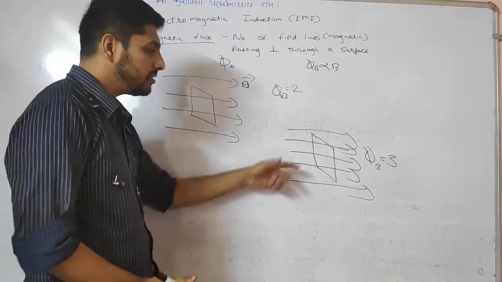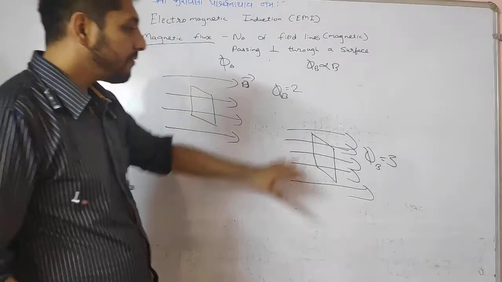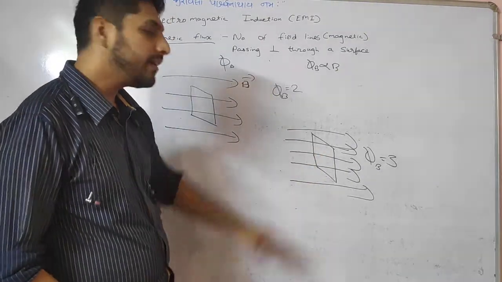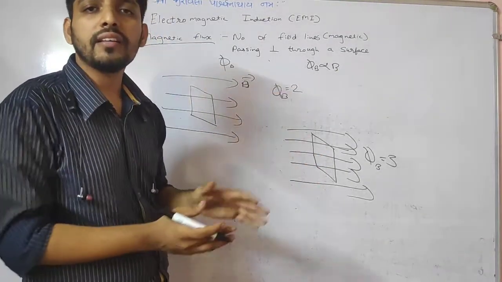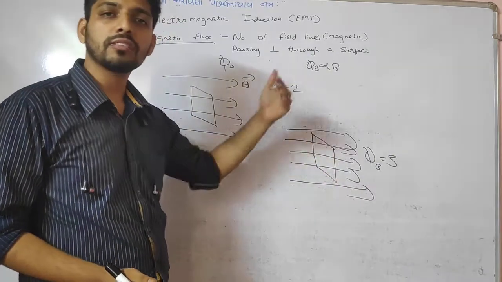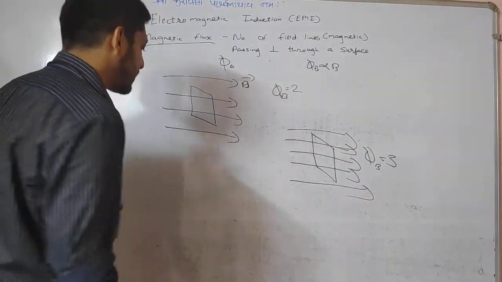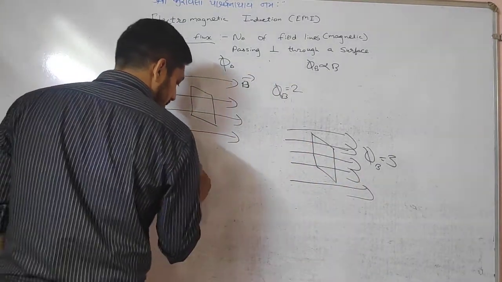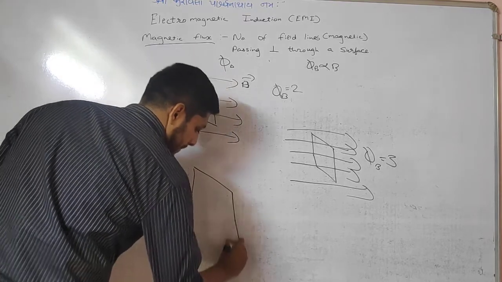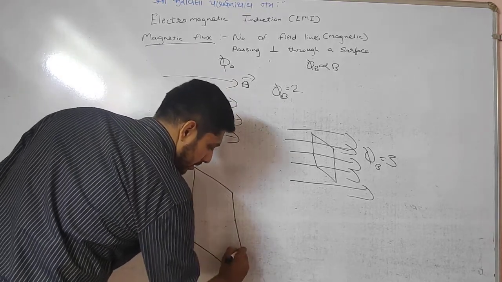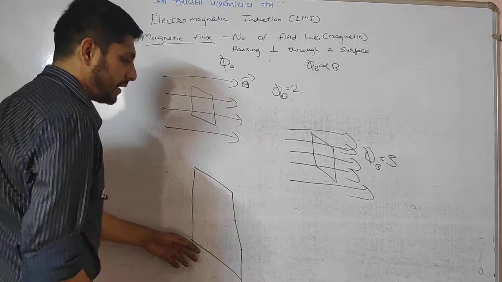Okay. Now instead of this, for the same magnetic field, if I increase the surface area of this surface, then what will happen? Here you can see I have increased the area.